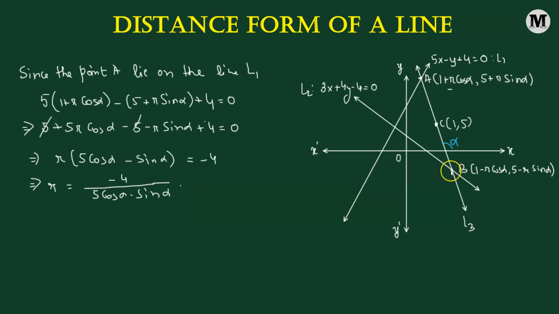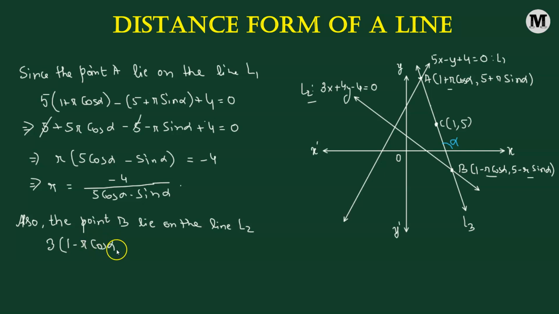Also, we can say that the point B is going to lie on the line L2 with the equation 3x plus 4y minus 4 equals 0, which means that the coordinate values of x and y of B must satisfy the equation of line L2. So our equation of the line is going to become 3 times x, so in place of x, we have 1 minus r cosine of angle alpha.